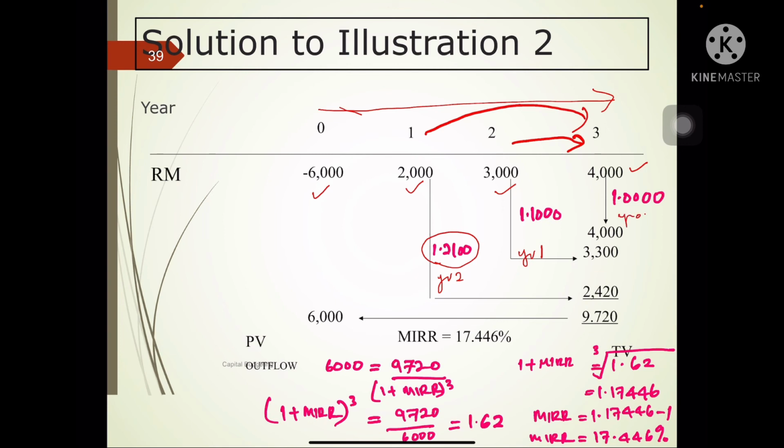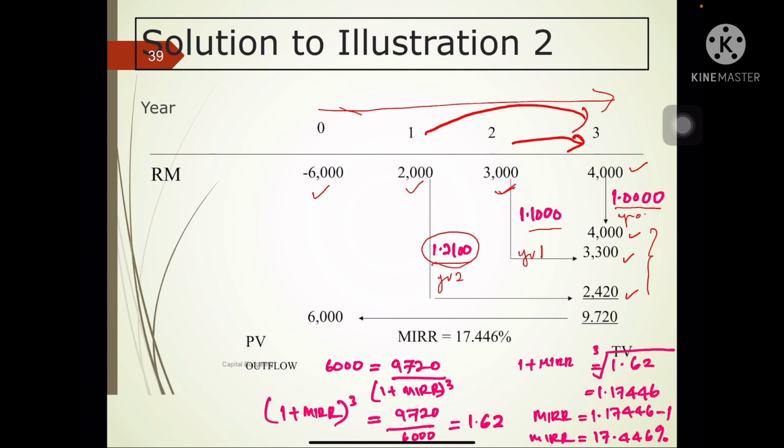After that, for example here, 2,000 times 1.2100 will give you 2,420. 3,000 times 1.1000 will give you 3,300. 4,000 times 1 equals 4,000.